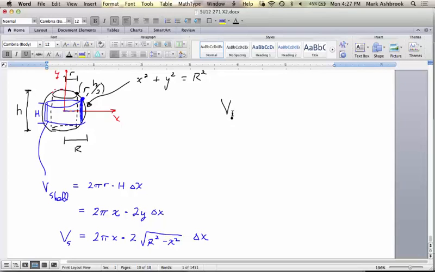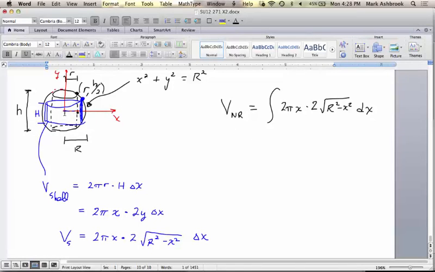So the volume of the napkin ring equals, we're going to have 2 pi x times the square root of R squared minus x squared dx. Okay, and we're going to go, x goes from what to what?